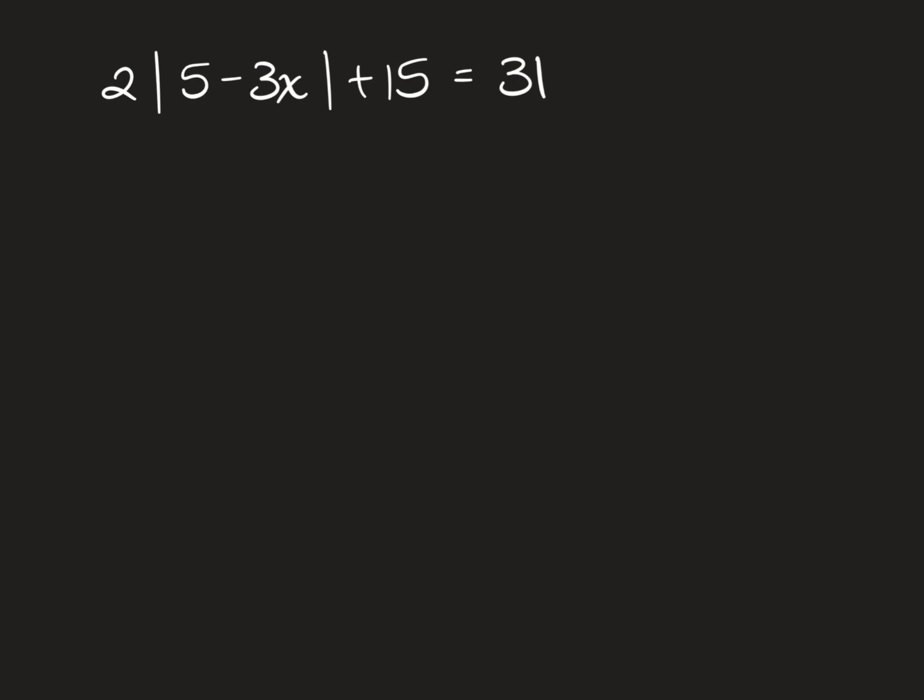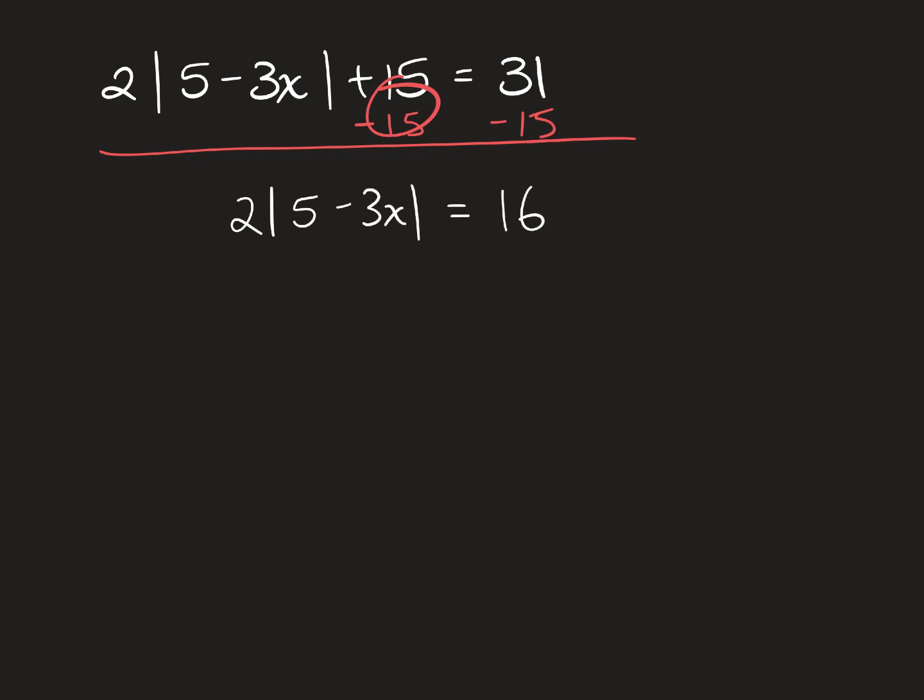So here's a slightly more difficult looking, not in actuality, absolute value equation. Same process, make sure you are isolating the absolute value piece first. That zeroes out. 2 times the absolute value of 5 minus 3x equals 16.